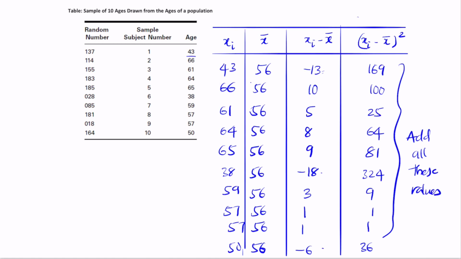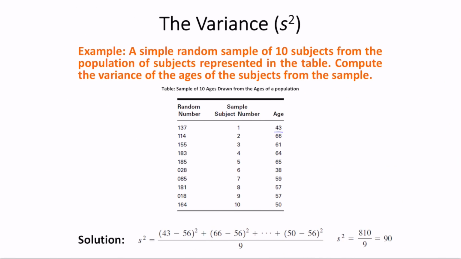So that is 169 plus 100 plus 25 plus 64 plus 81 plus 324 plus 9 plus 1 plus 1 plus 36. This sum is sigma xi minus x bar squared. So that value is 810.